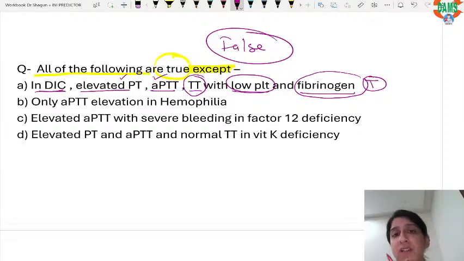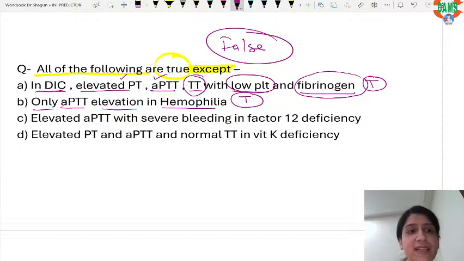So this is absolutely true. Next, only APTT elevation in hemophilia. Again, absolutely true. Remember, I always teach this: isolated APTT increase in hemophilia. Absolutely correct.